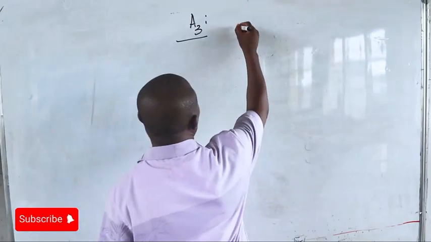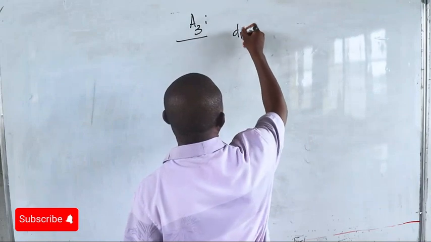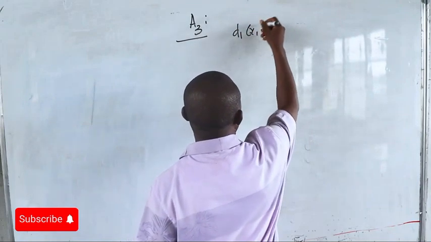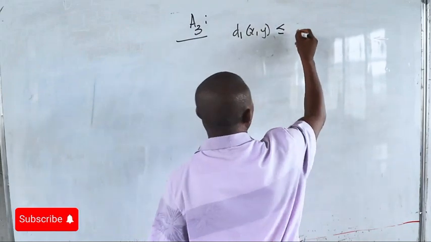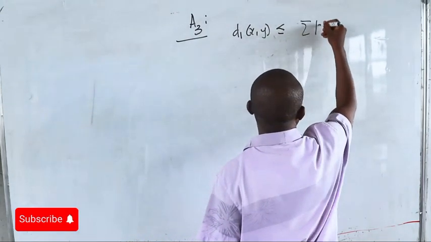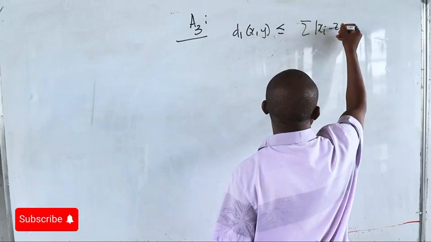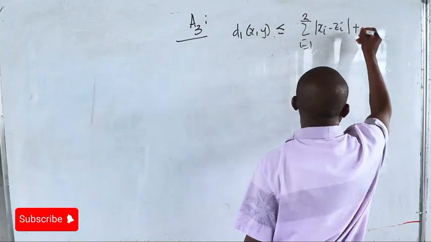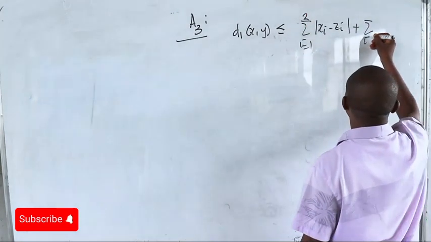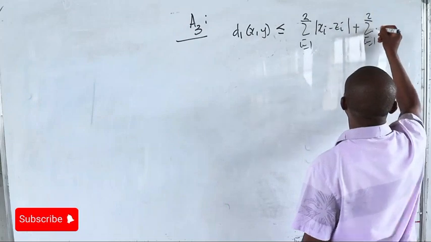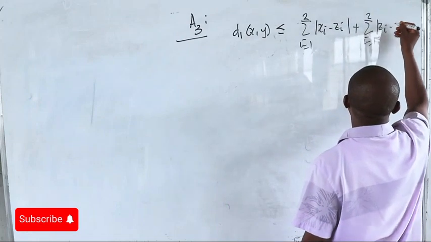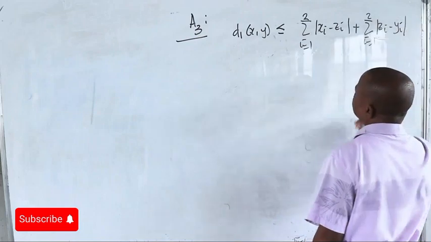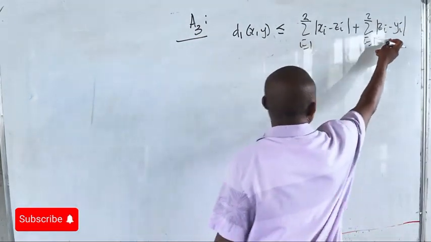For conclusion, we have shown that d1 of x comma y is less than or equal to the summation of absolute value of xi minus zi, i from 1 to 2, plus the sum i from 1 to 2 of absolute value of zi minus yi. Who is this and who is this?